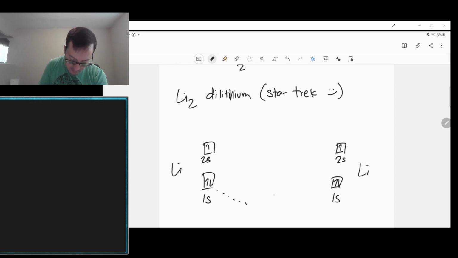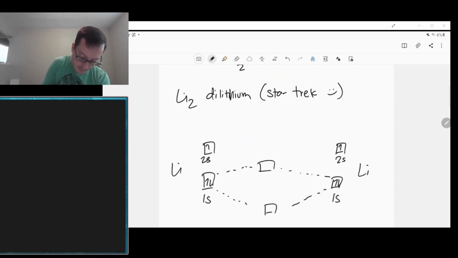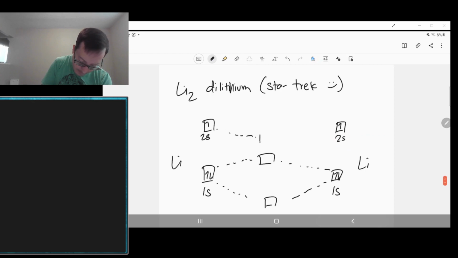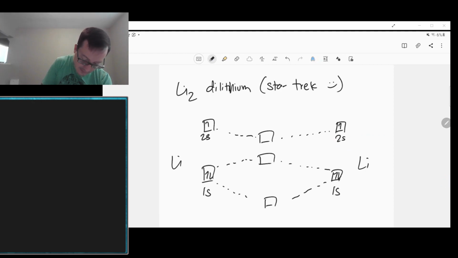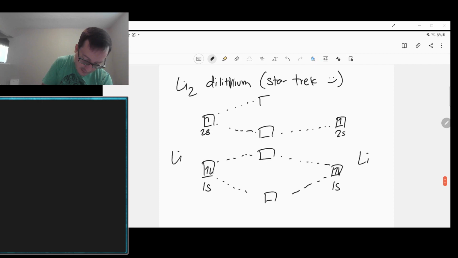So we're going to do molecular orbitals for the 1s. And I foolishly did not leave enough space. But suffice it to say, the molecular orbitals for the 2s are the same idea. We still split them.